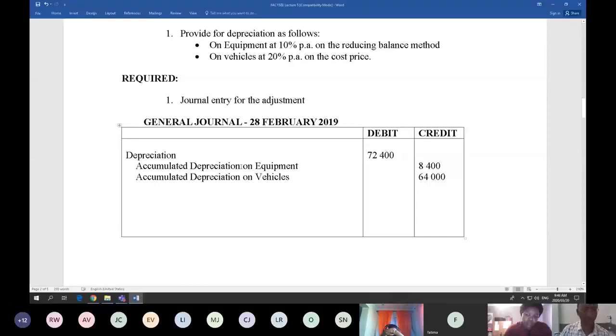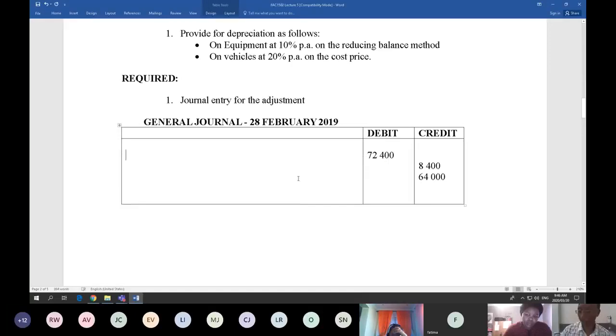So let us take a look at the first adjustment under A. In that adjustment, we are saying we have got stationery on hand of 345 Rand.